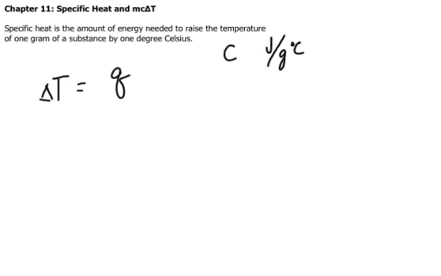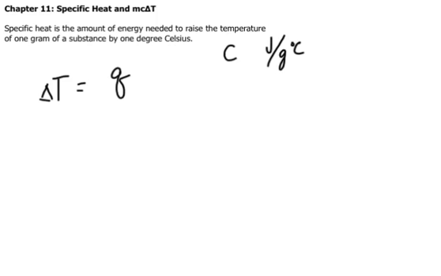Now another thing that influences this is the mass. The greater the mass, the less the temperature will change if you put in the same amount of energy. So if you put in 1 joule, if you have a tiny amount, the temperature is going to increase a lot. But if you have a huge amount, the temperature is not going to change very much at all. So, picture a glass of water versus a swimming pool.